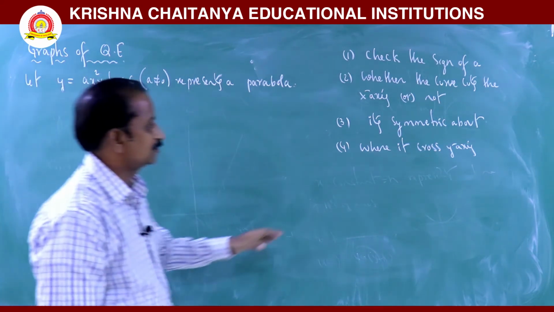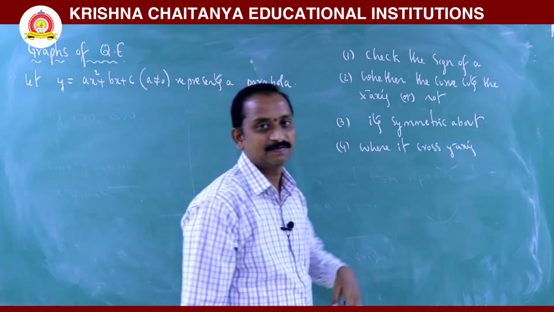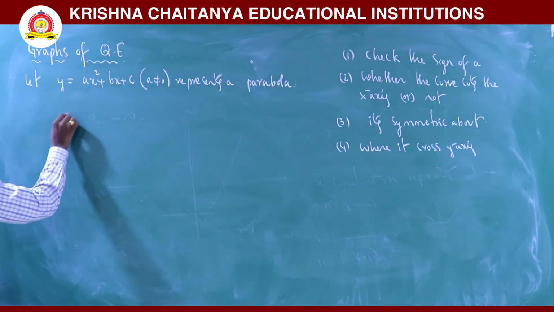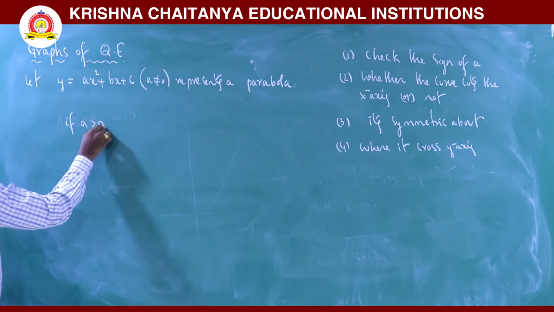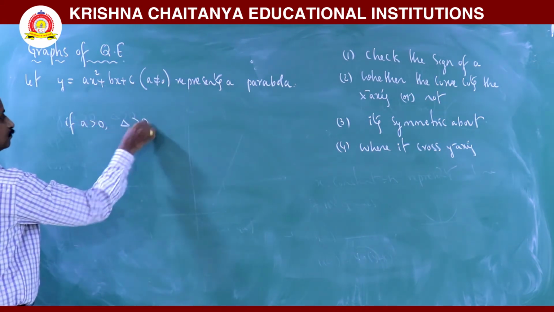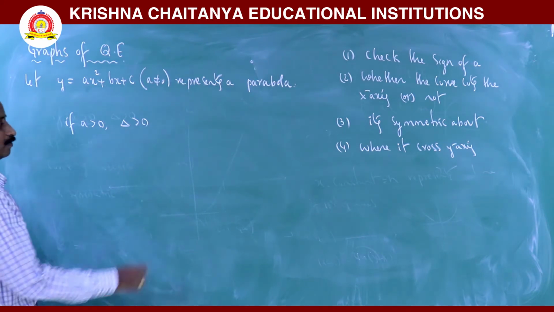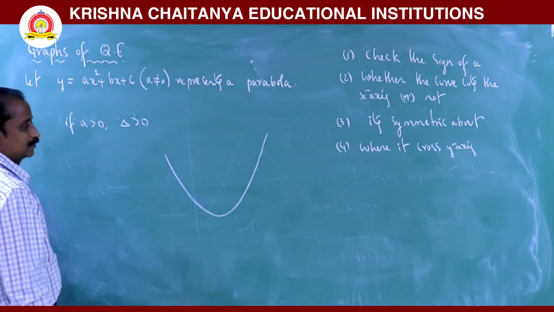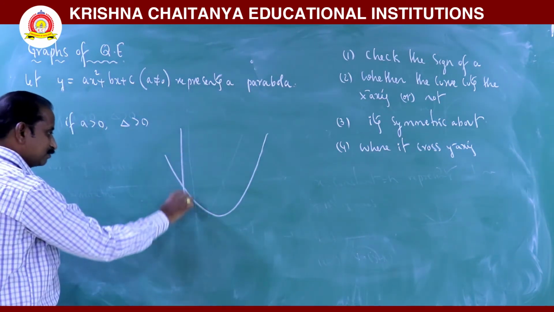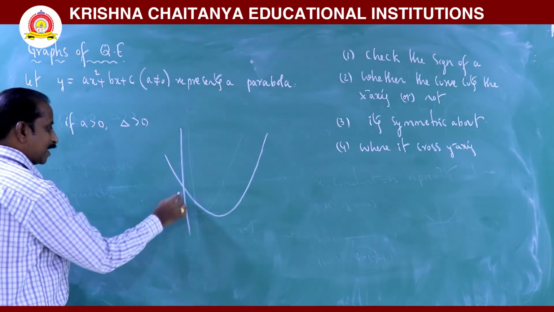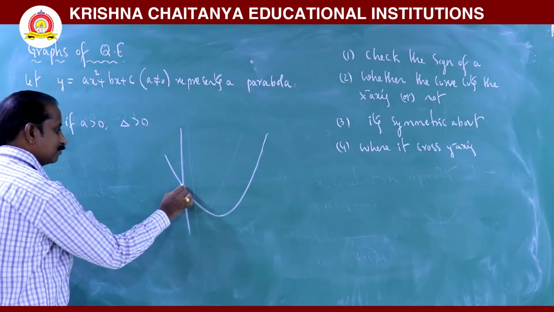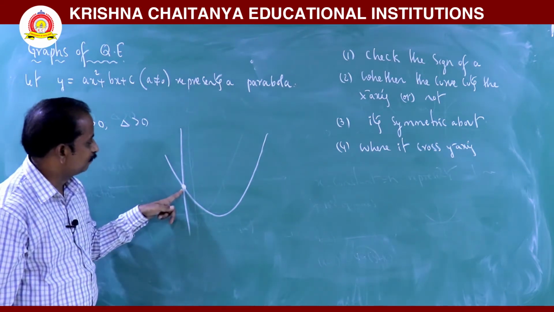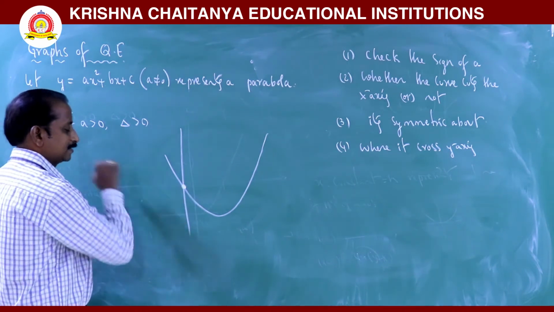Consider a greater than 0 and delta greater than 0, or whatever it may be. This is open upwards. Let us consider this is the y-axis. Where it crosses the y-axis, indirectly it is a point on the y-axis.